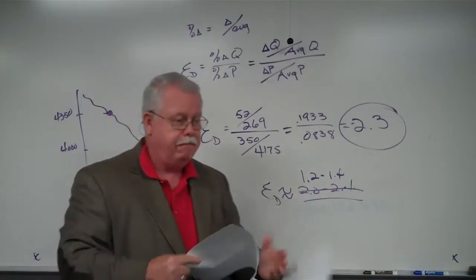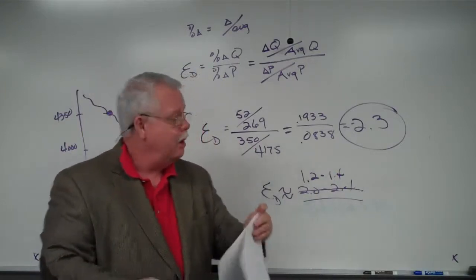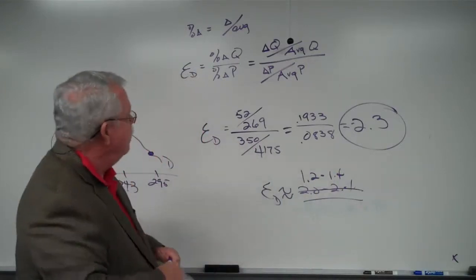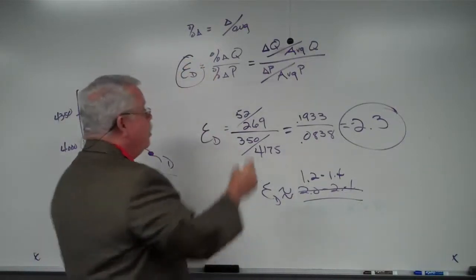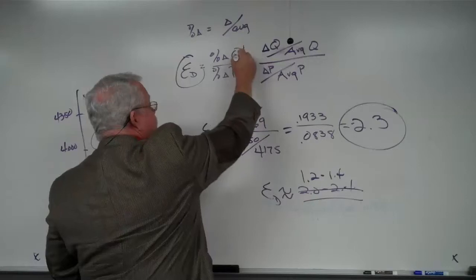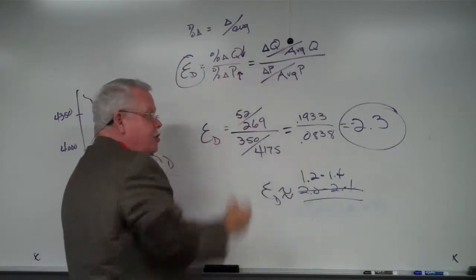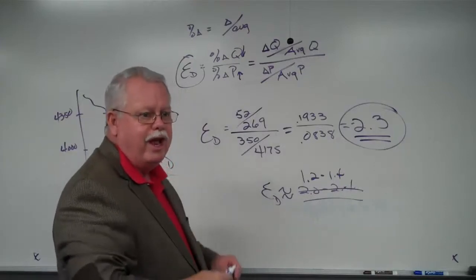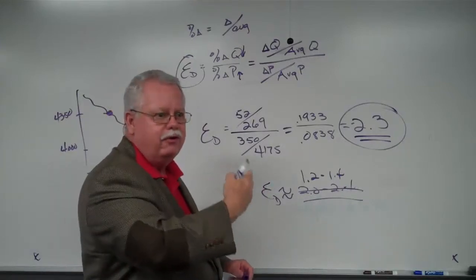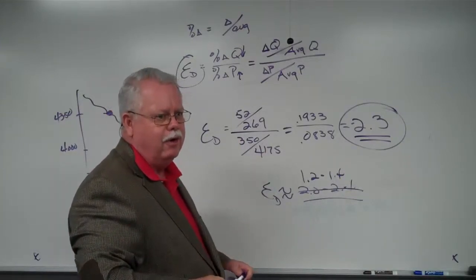So you're paying attention to the negative in front of there? Yeah, well, the price elasticity of demand is always a negative number, because anytime the price goes up, the quantity goes down, so you get a positive and a negative change. Frequently in studies, they don't put the negative. They figure if you're smart enough to be reading the study, you recognize it's a negative number.